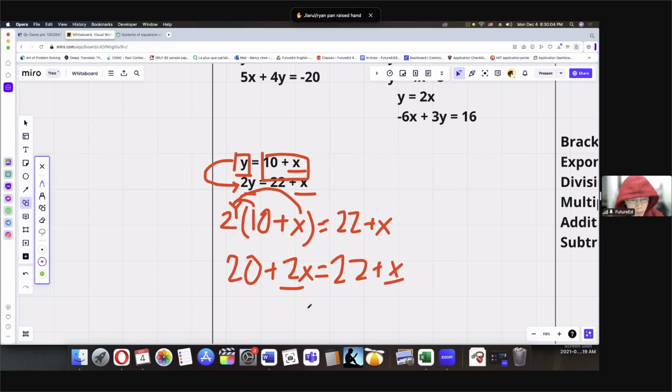So 20 plus 2x is equal to 22 plus x. That means we take an x and add it to the 20, technically. So how can we bring the 20 plus 2x into just a 20 plus x?